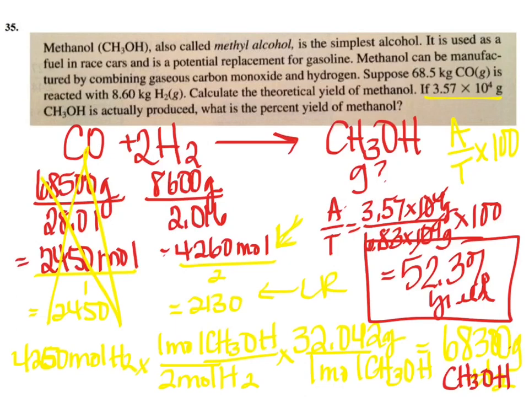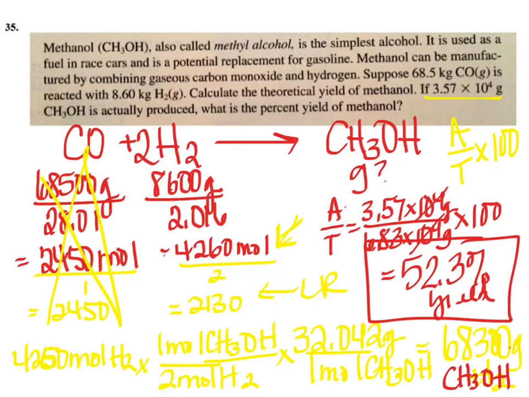Any other questions? When you rounded the 2450 on the carbon monoxide because of sig figs, but then you had 3 sig figs for your hydrogen. Actually, yeah, I was just rounding along the way.